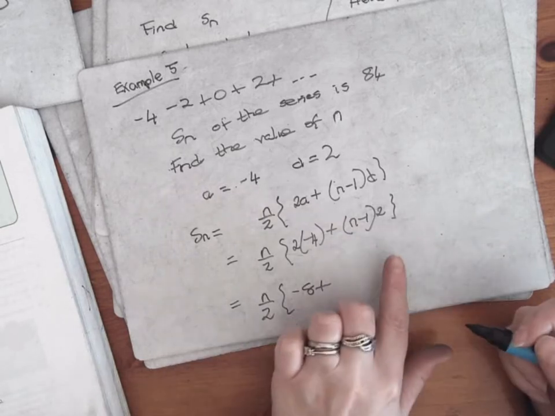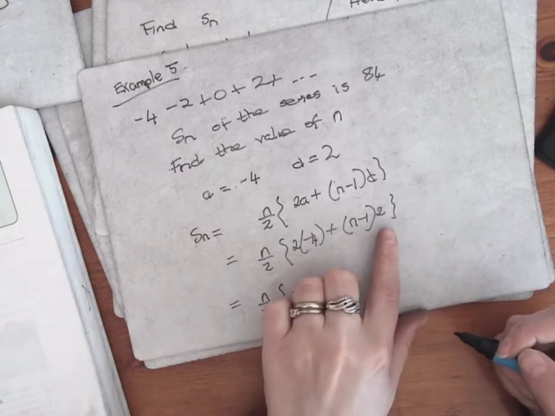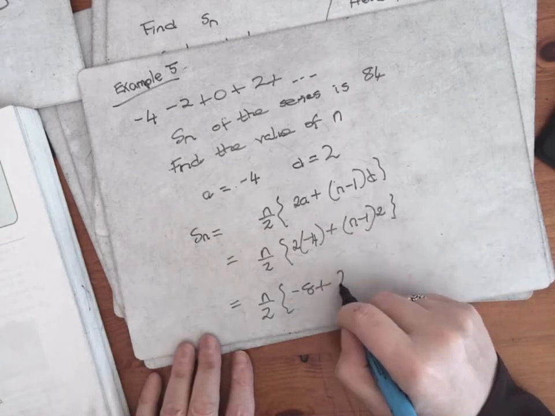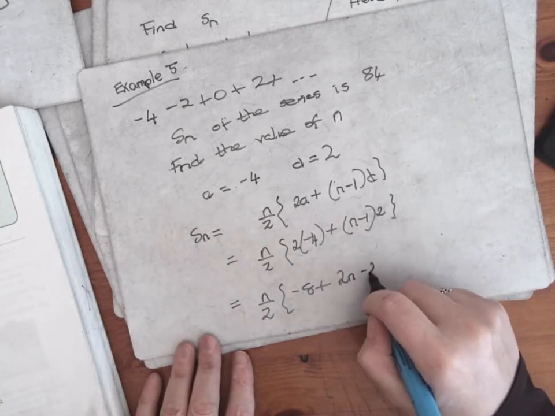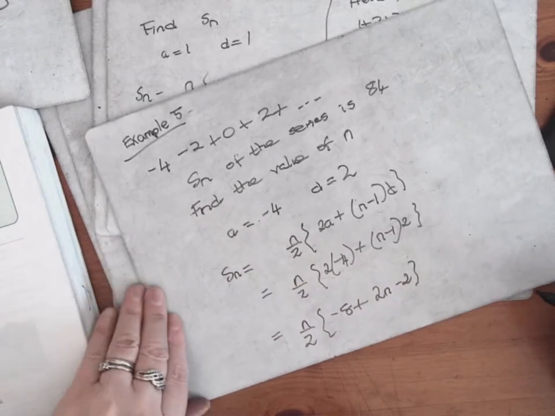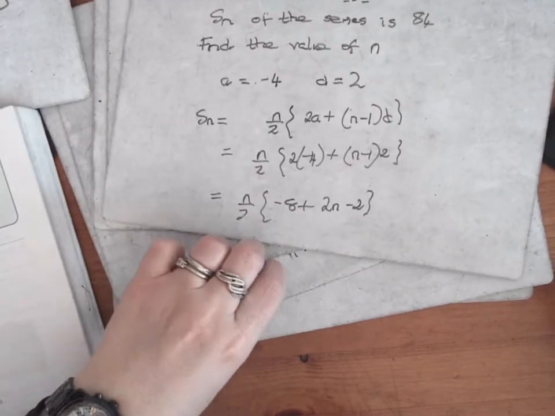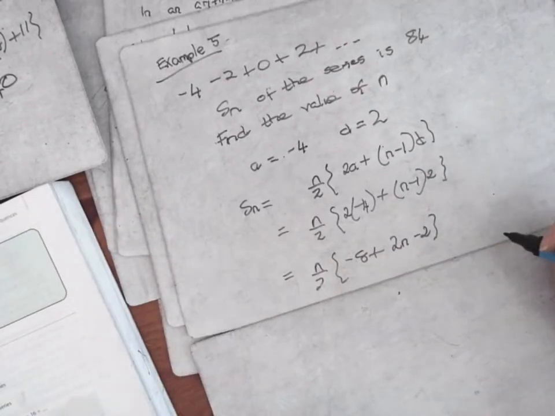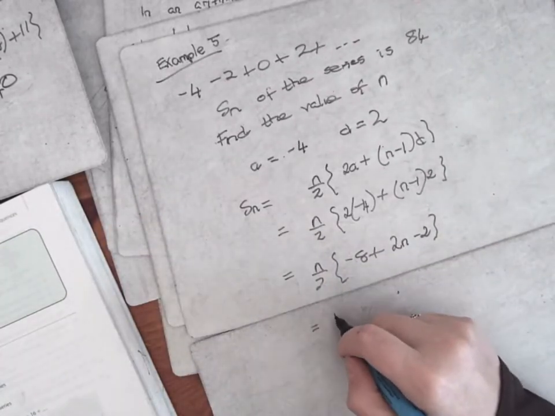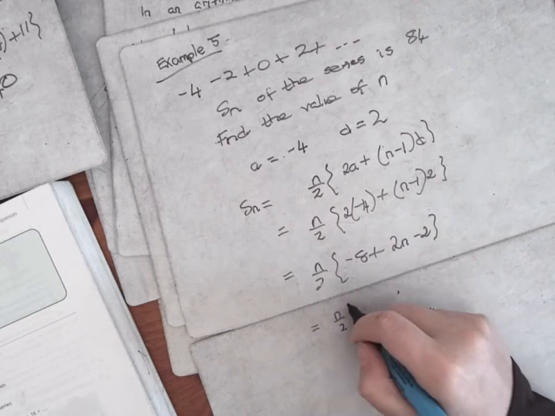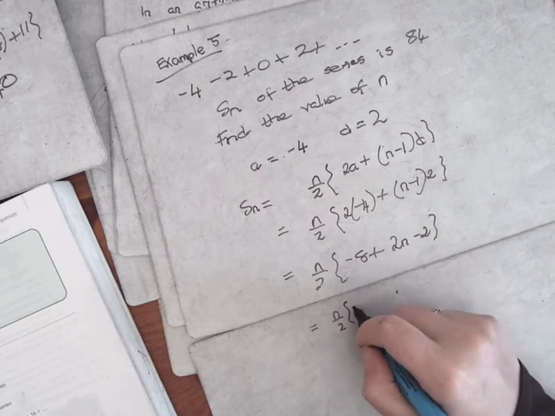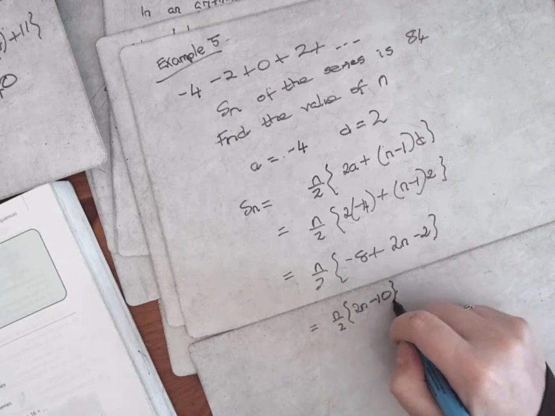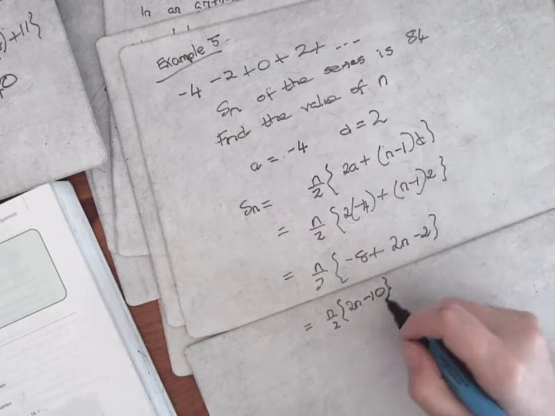Normally I write the 2 at the front, but I think we're okay to just multiply in by the 2. So 2 by n is 2n, 2 by minus 1 is minus 2, and sorting that out, we have n over 2 into 2n minus 10. Putting minus 8 minus 2 is minus 10.